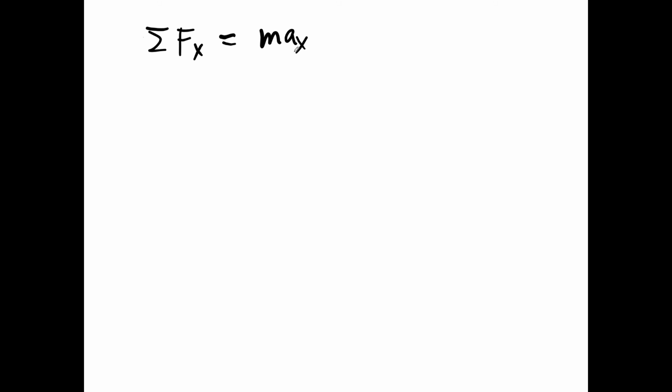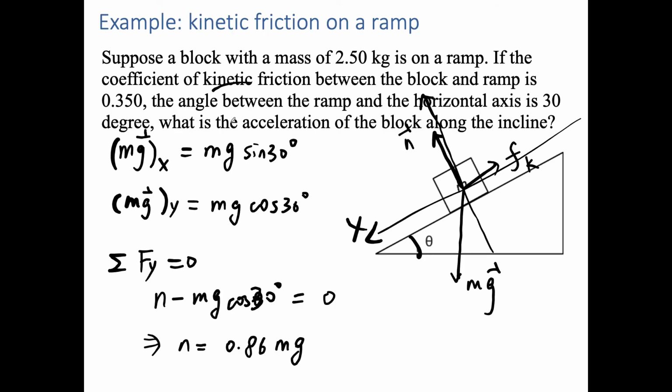And then in the x direction, net force does not necessarily equal 0 because the block is moving in the x direction and may have acceleration. The problem wants us to find this ax. So we need to find the net force in the x direction. What are the forces in the x direction?